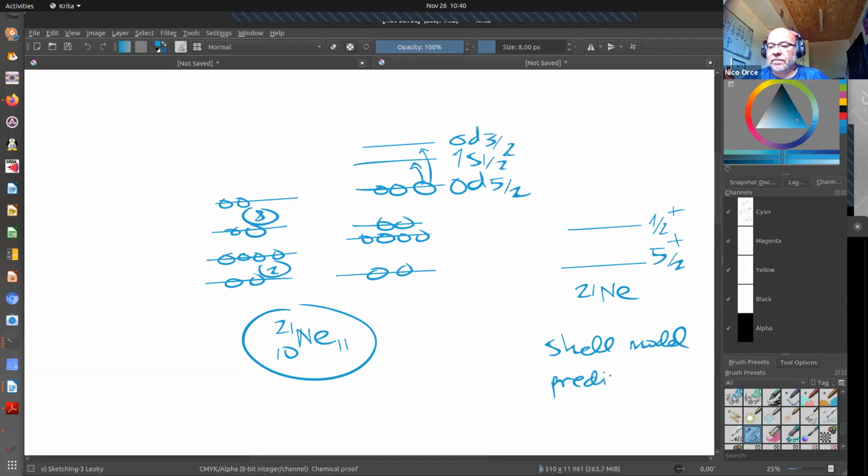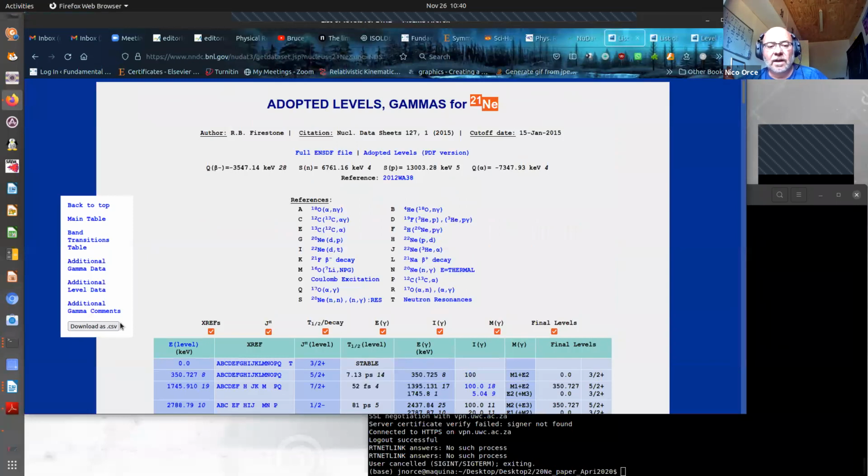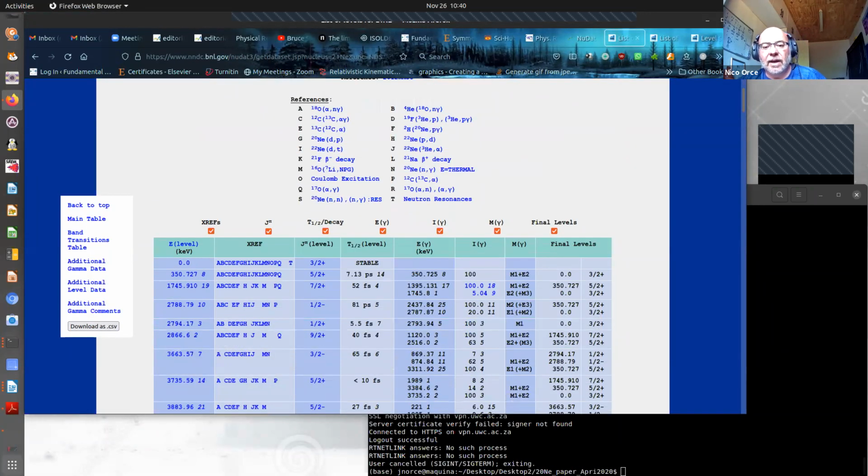Shell model prediction. But what we see is not that. What the NNDC says for neon-21, the actual data, say that the ground state is a 3/2, and then there's a 5/2 plus, right?